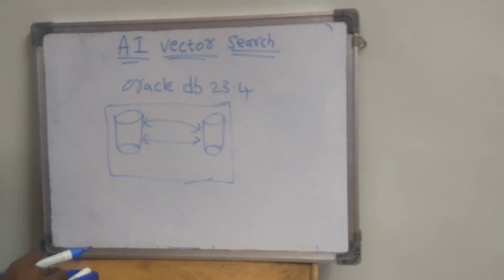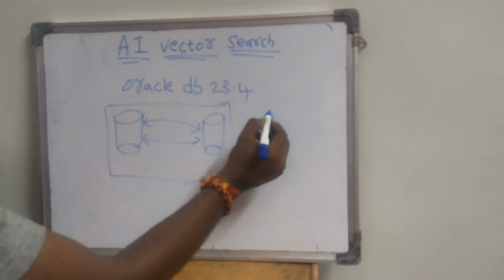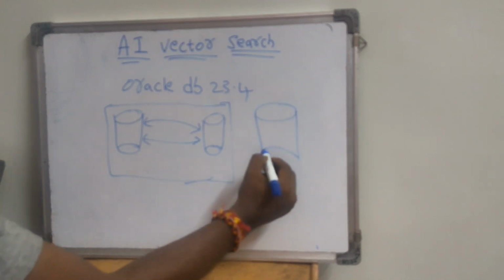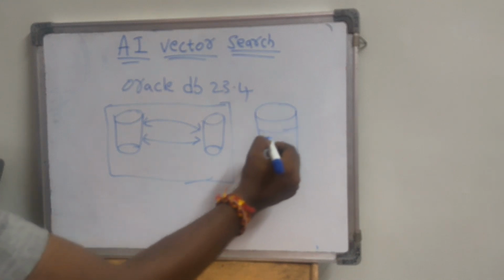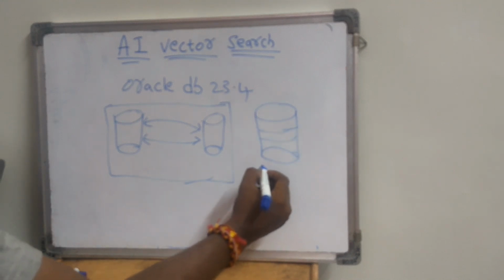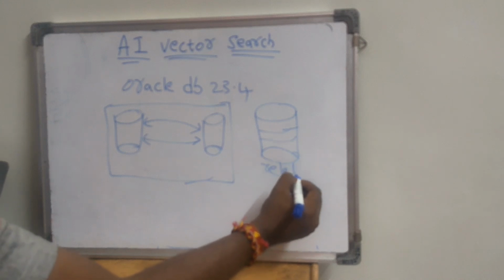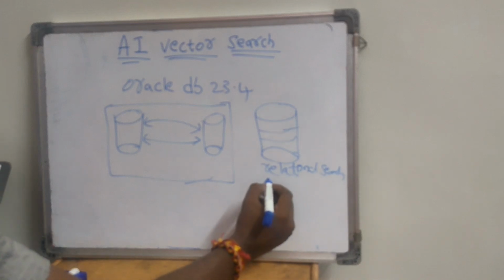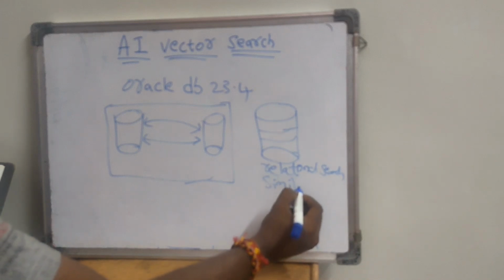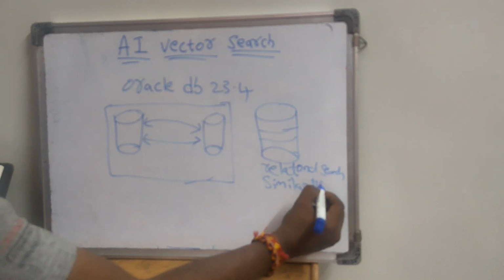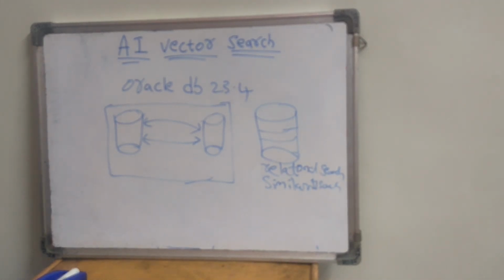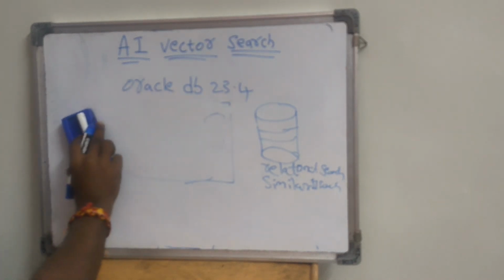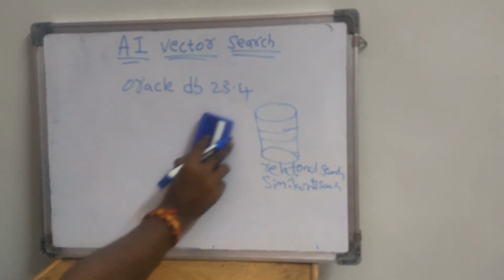To resolve this issue, Oracle has come up with Oracle AI Vector Search, which is integrated with the relational database. Now Oracle 23 AI supports relational search and similarity search. So now we don't need two databases. We can manage the relational search and also the vector search using a single database.